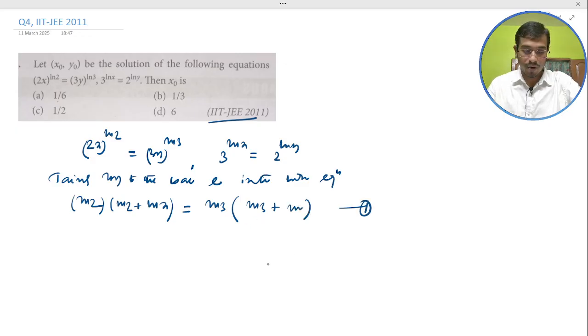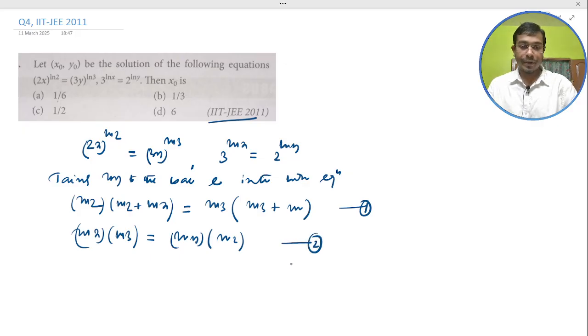This is equation number 1. Next equation, ln x into ln 3 is equal to ln y into ln 2. This is equation number 2.